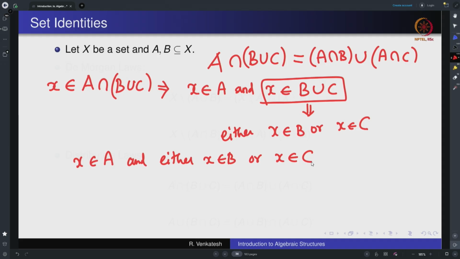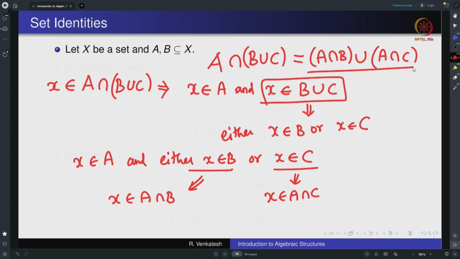Suppose x is in B, then x is in A intersection B. If x is in C, that would imply that x is in A intersection C. In either case, x is going to be in A intersection B union A intersection C. Now, if you think about it, we can reverse this process.